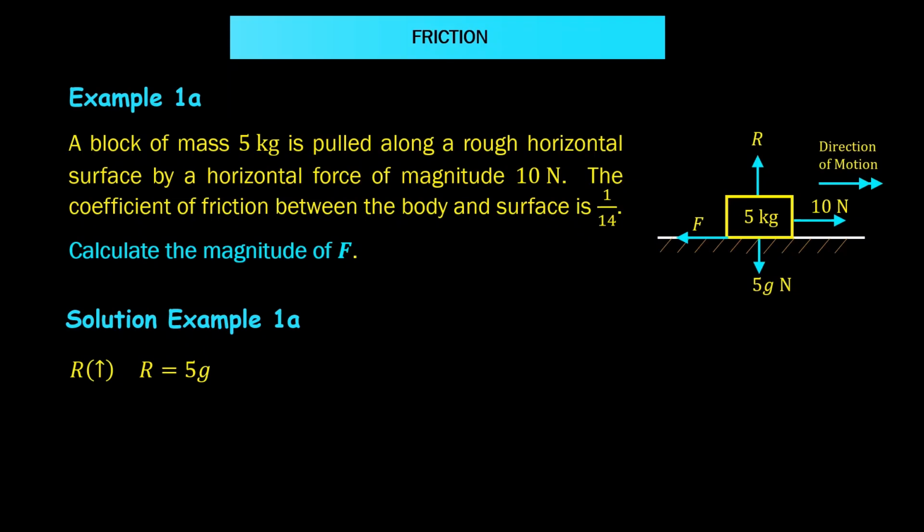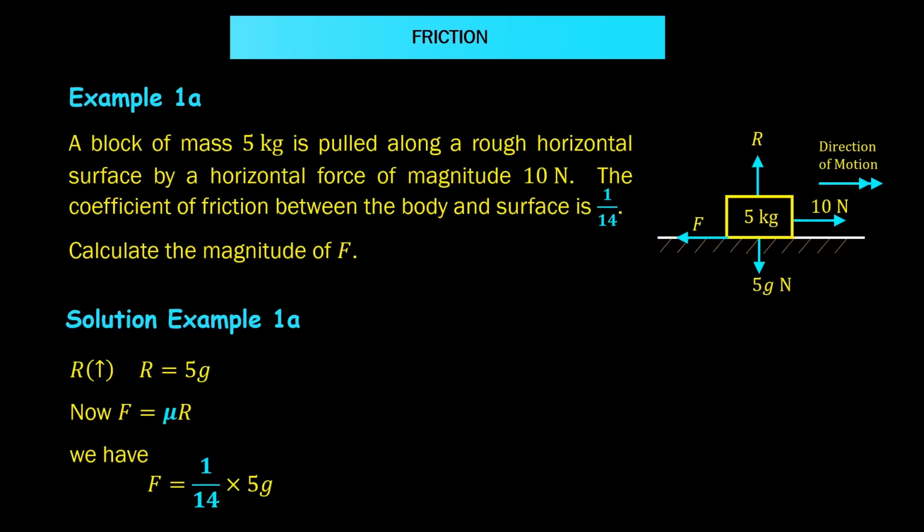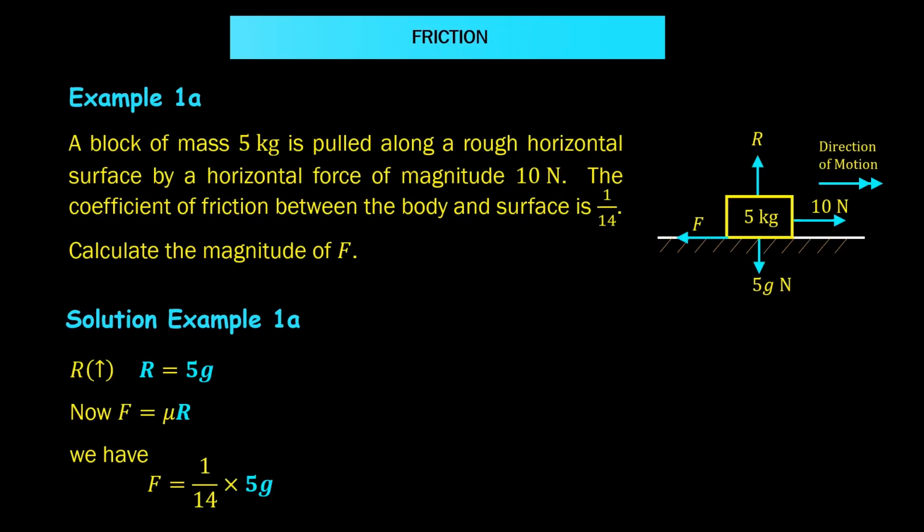If we resolve vertically, we have that R equals 5g. Now we also know that F equals mu times R. So we have F equals mu, which is 1 over 14, times R, which is equal to 5g.